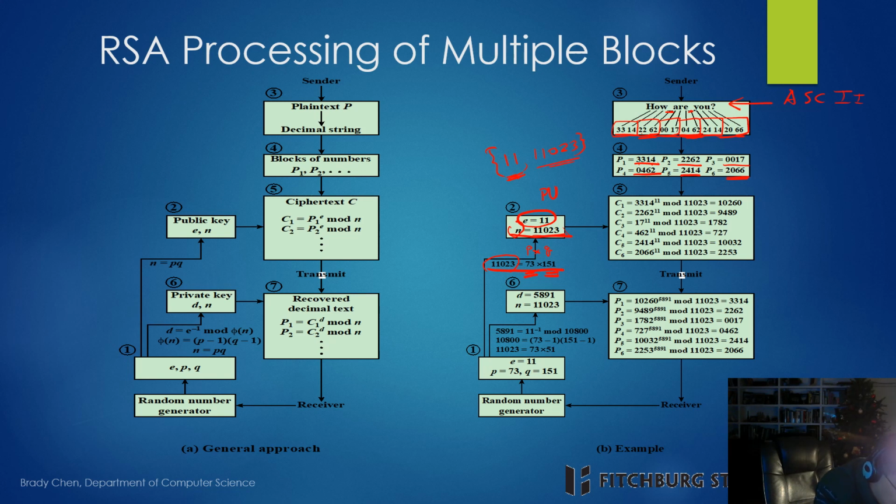The second number, n, is known to both sender and receiver, right? And then what is D? We calculate D as this: 5891110023. That's the private key.